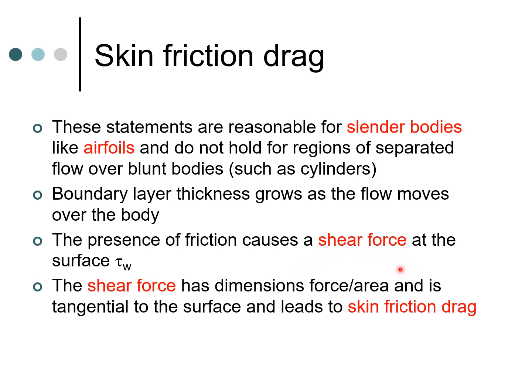So it's the typical dimension of a stress or of a pressure, and it is tangential to the surface and leads to skin friction drag. So this is an important concept to remember, that friction leads to shear force leads to skin friction drag. So that's why we need to account for friction if we are ever going to calculate the skin friction drag.